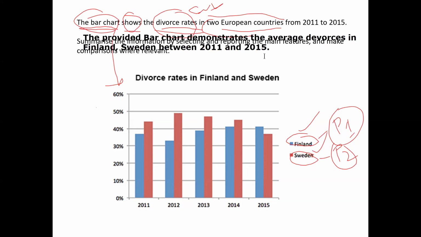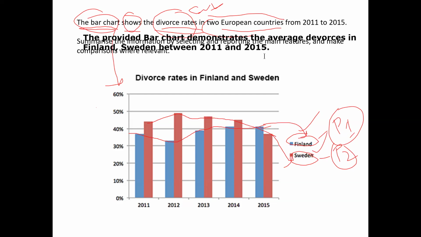For example, look at this graph. Suppose it's a line graph. So what do you think? This one, clear? And then the second one. So what do you think? Which one has increased and which one has decreased? So Sweden decreased while Finland increased.